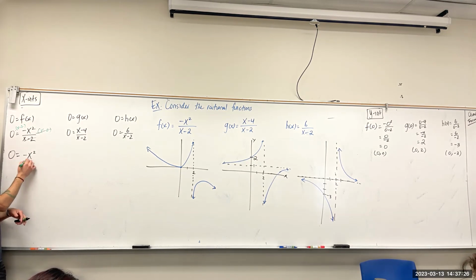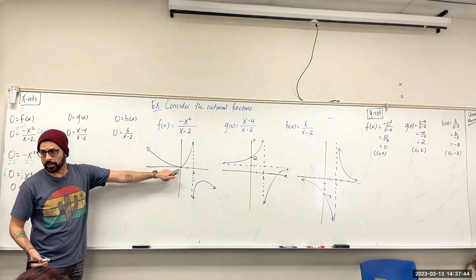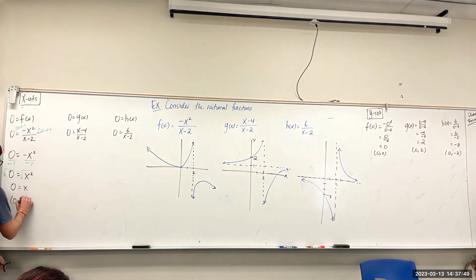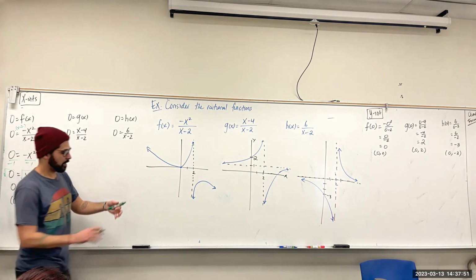Multiply to the other side, divide by -1, either one will work. So then again, you get 0, x squared, and then you took the square root. But what's the square root of 0? 0, plus or minus 0, 0. So this tells you that you have an x-intercept, again, back where you had your y-intercept. Okay, so yes, that's matching, right here.